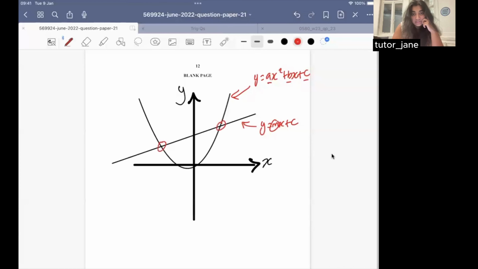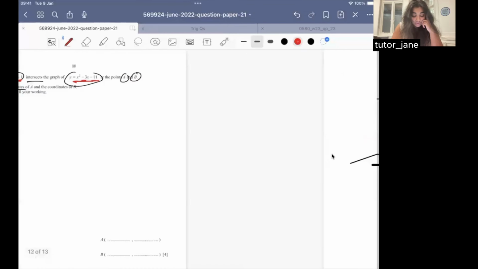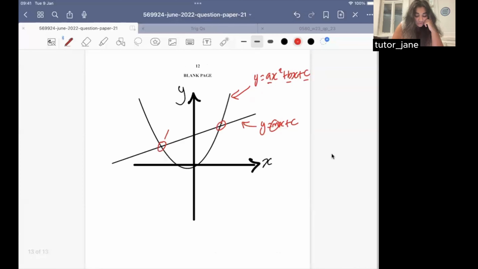So conceptually, this is what our question is trying to get us to figure out: what these points are. Again, these aren't the exact same coordinates we're looking for, A and B, but this is just an example that shows you that when a line graph intersects a parabola, it will typically intersect at 2 points.